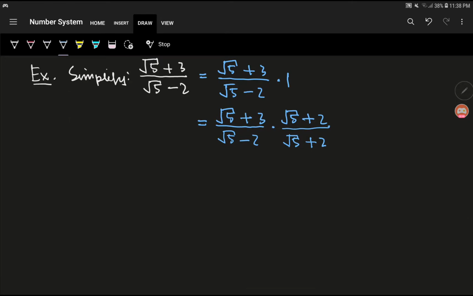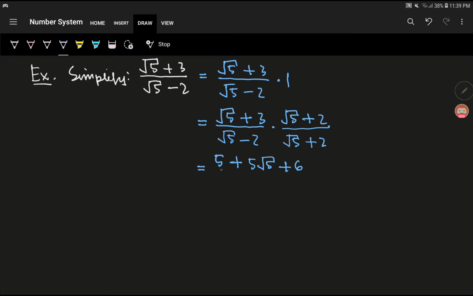Then we evaluate. The numerator is multiplied with the numerator. Because both of them are plus, we get 5, sorry, it's not 25, actually 5 plus 5 surd 5 plus 6.